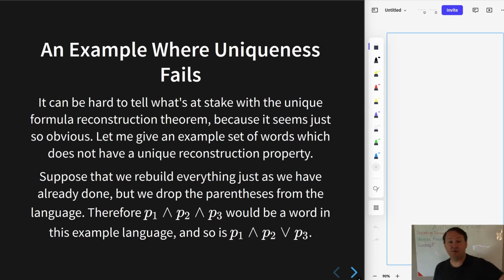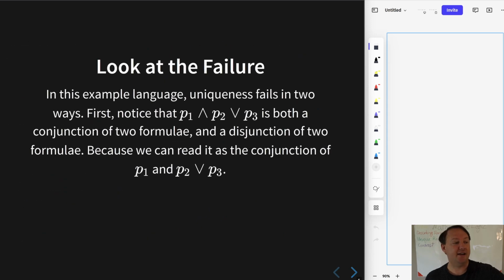Likewise, P1 conjunction P2 disjunction P3. And now we'll see how uniqueness fails in this particular setting, right? I mean, in some sense, what this demonstrates is why our construction rules really insist on having these seemingly superfluous parentheses on the conjunctions and the disjunctions. If we didn't have that, technically, we would fail this unique reconstruction property, which would be very bad.